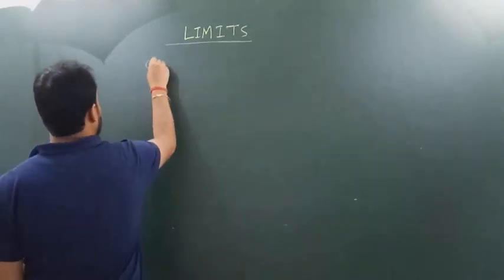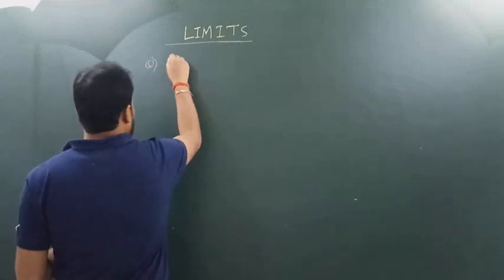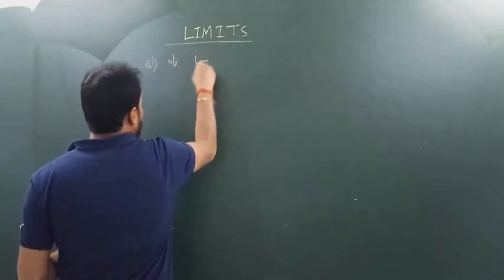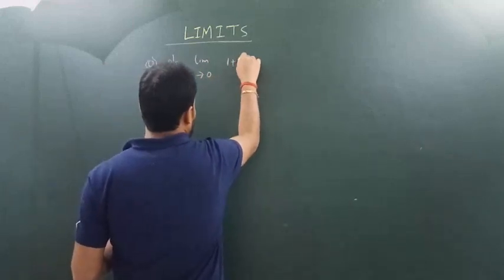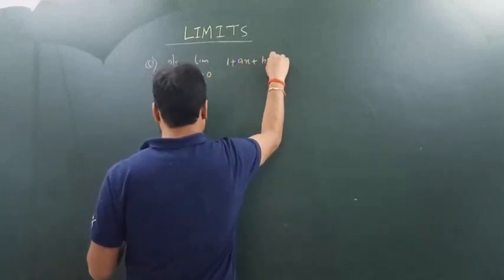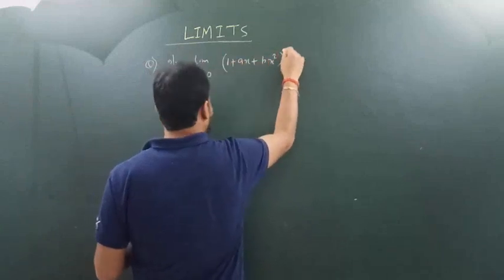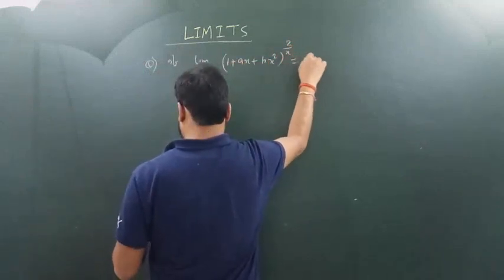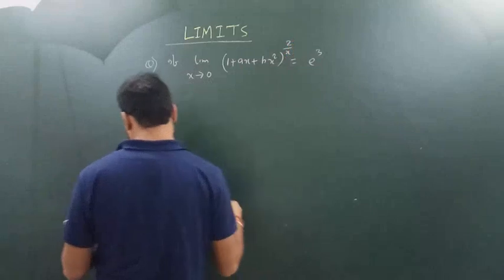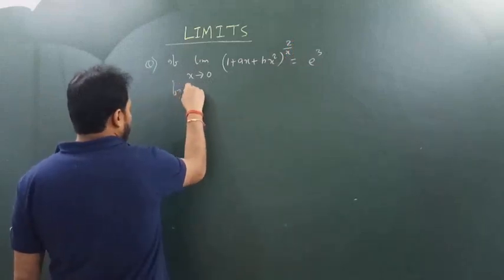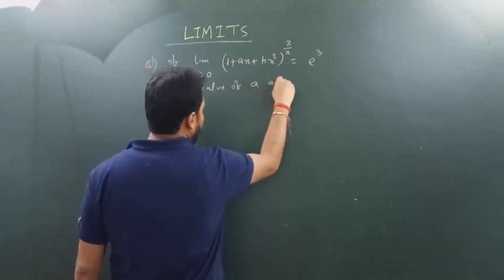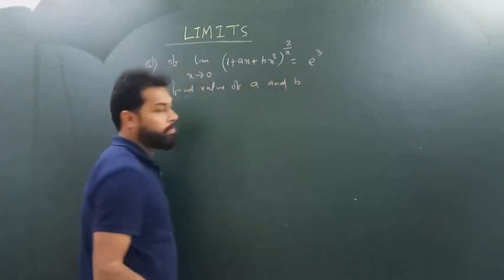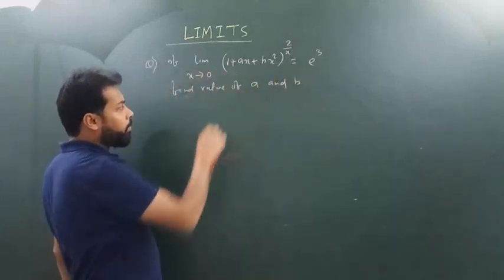Next question is, if limit x tends to 0, (1 plus ax plus bx square) power 2 by x is equal to e power 3, find the value of a and b. We have to find the value of a and b, and this is given.